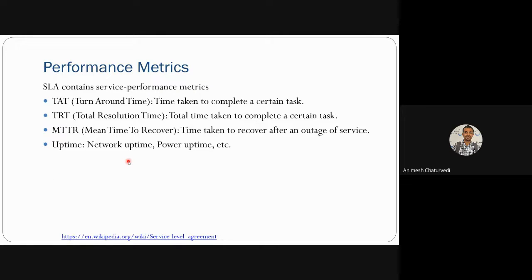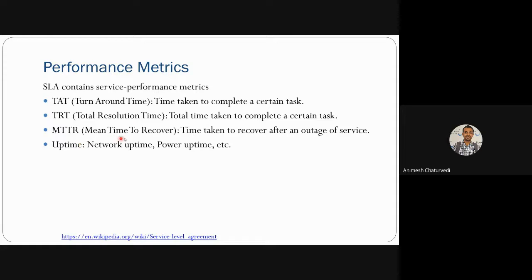Then the performance metrics, which are very fundamental to computer networks or service performance, are like turnaround time, meaning how long it takes to complete a certain task. What is total resolution time, the total time taken to complete a certain task. Then MTTR, mean time to recovery, the time taken to recover after an outage of service.